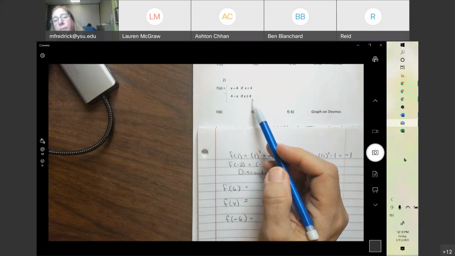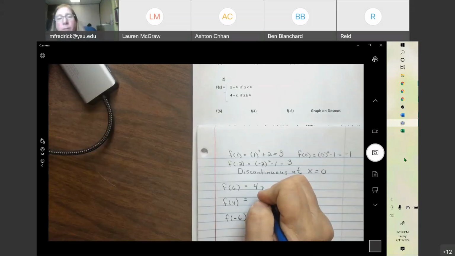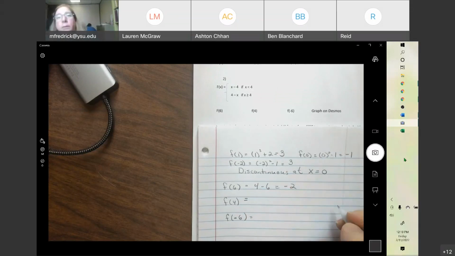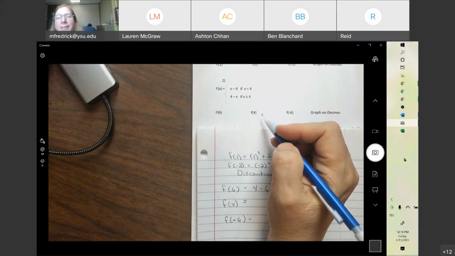So I use this one. 4 minus X, which is 6, equals a -2. Any questions on that? So quiet. I don't know if it's because it's easy or you're lost and don't want to ask.